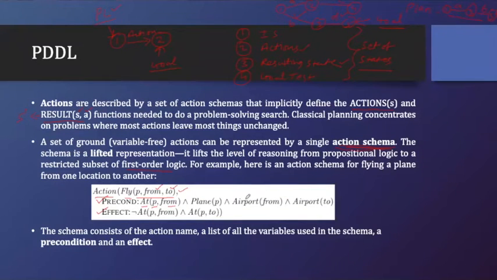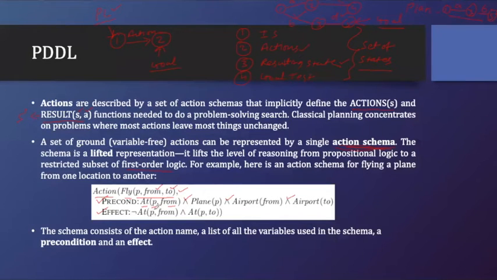From is nothing but the airport, and to is also an airport. This is my precondition. The precondition says that your P should be a plane, your from should be an airport, and to should also be an airport.